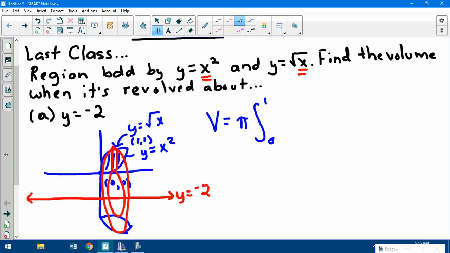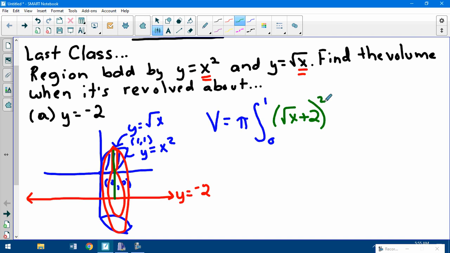So my outer radius is going from the axis of rotation way out to here. So if it was just from the x-axis, this spot, what would your outer radius be? Radical x, but since I also have this far to go, it's going to be radical x plus 2. You can think of it as radical x minus -2 if you really want to. But essentially it's going to be radical x plus 2.